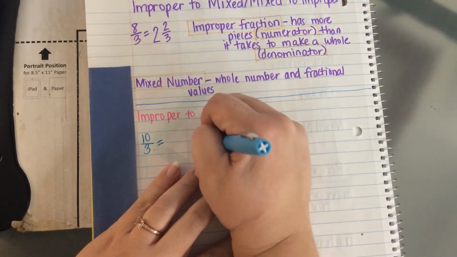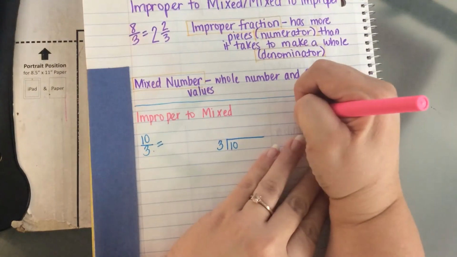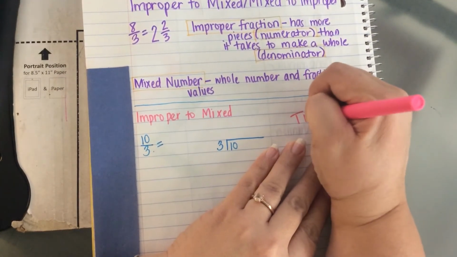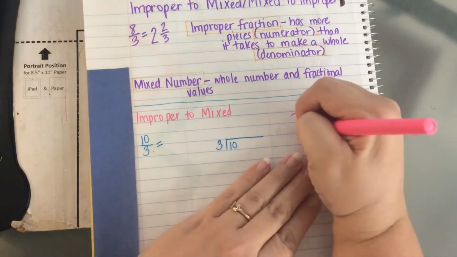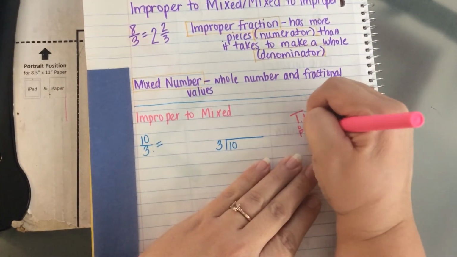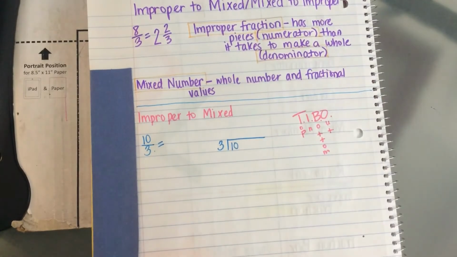Bottom number always stays outside. And Miss Brittany has been calling this Tybo. Top in, bottom out. Okay?